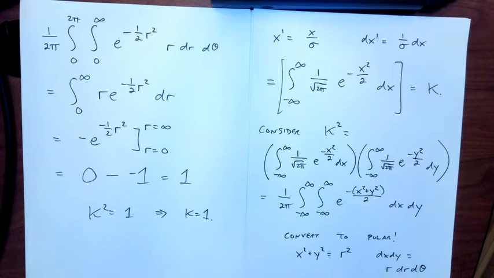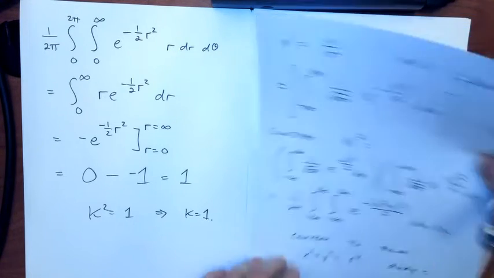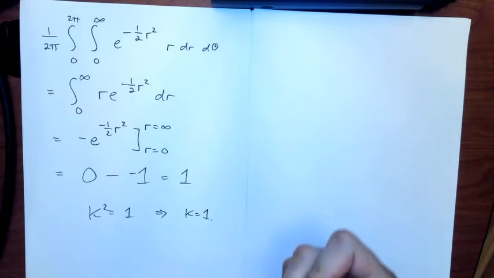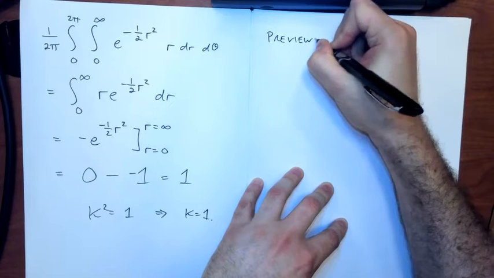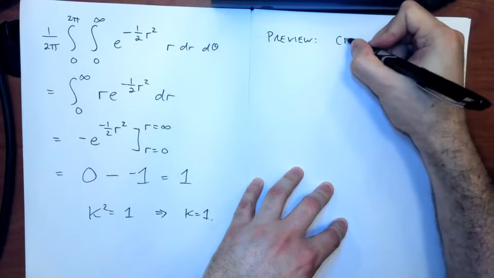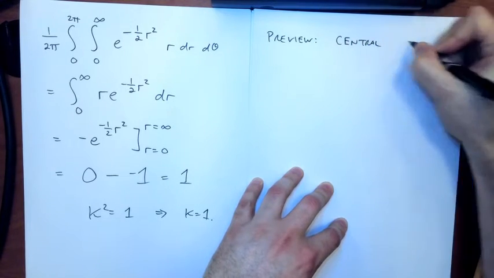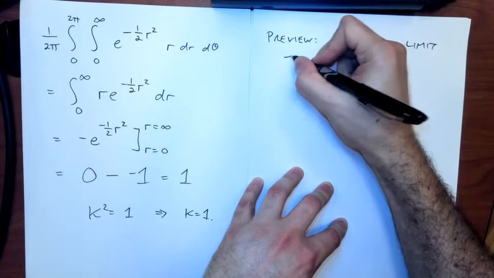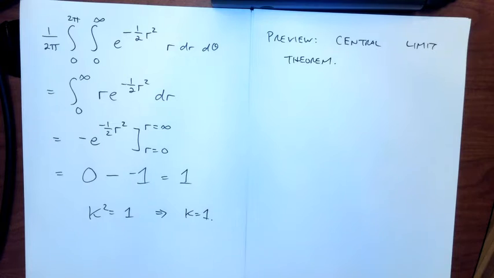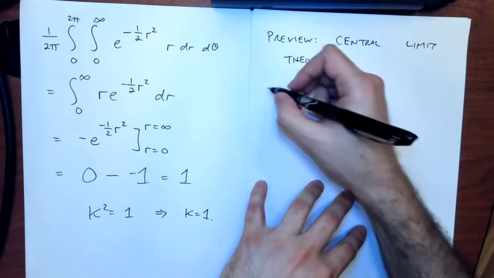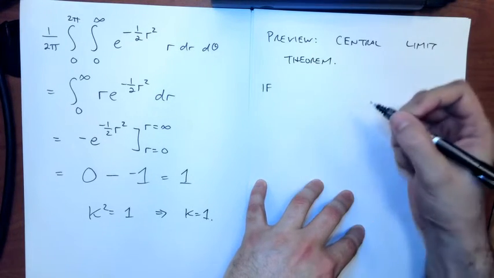Okay, so we showed this is a real PDF, okay, that's nice. And let me just say on paper, so that you know what's coming in a month or so, the preview of why we think the Gaussian is so important is what's called the central limit theorem. This is one of the key theorems of probability. So here's the theorem, and I'm not going to worry about proving anything right now.